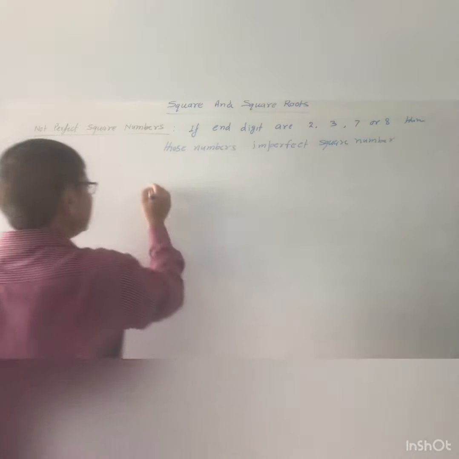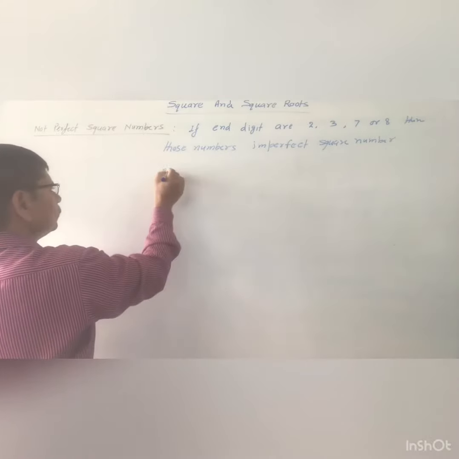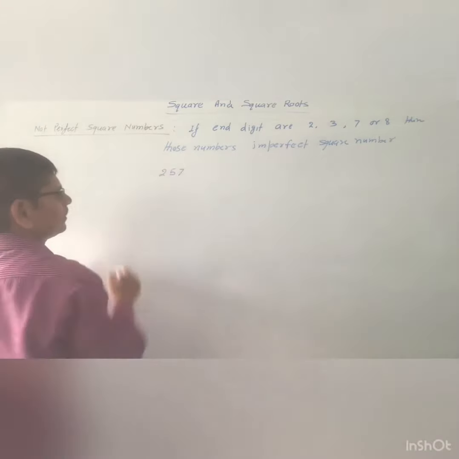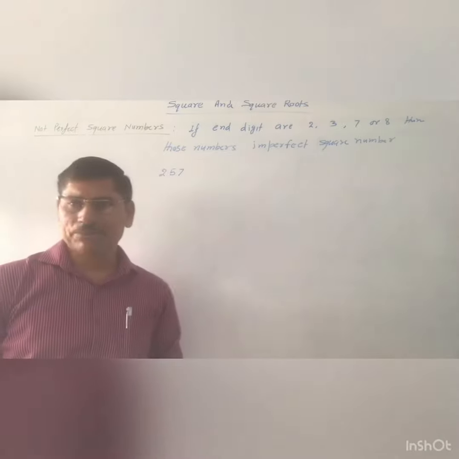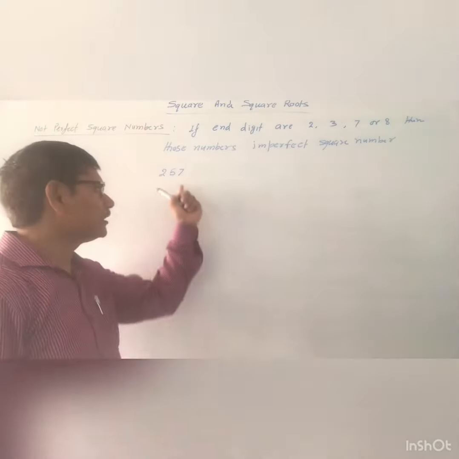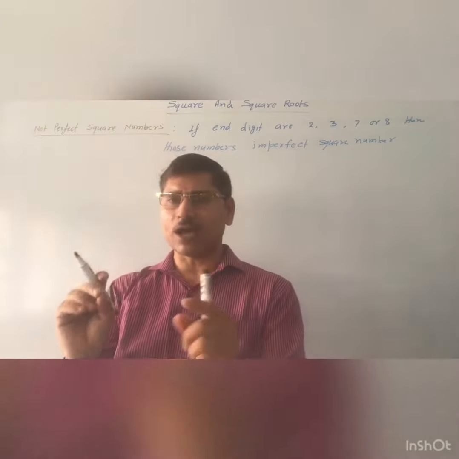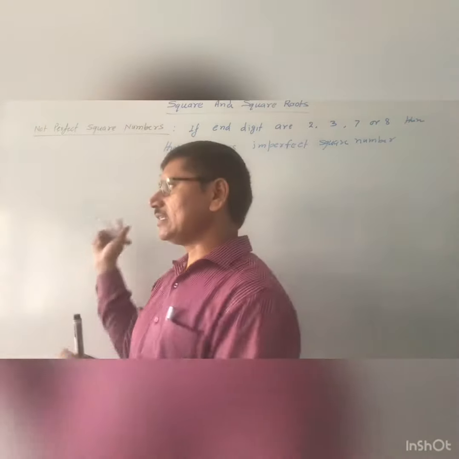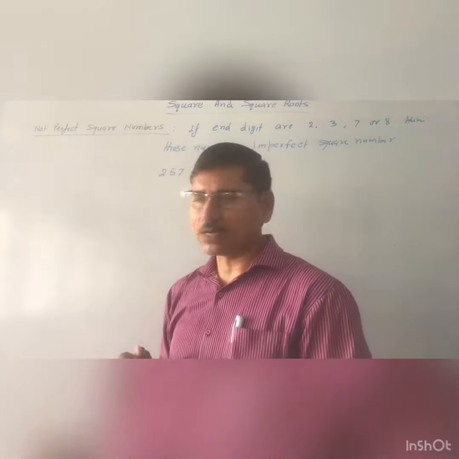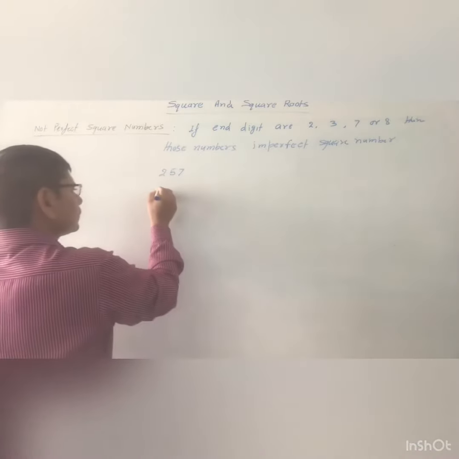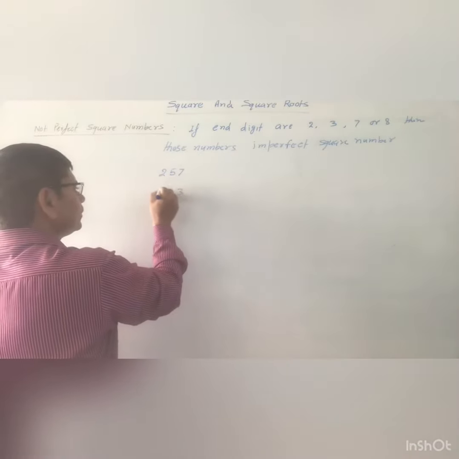For example, 257. This is not a perfect square number because the end digit is 7. So this number is not a square of any number. So this is an imperfect square number. Similarly, 133.